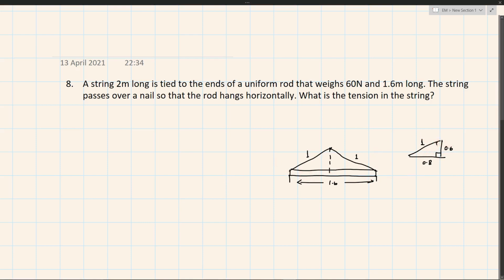Let's find this angle. If this is theta, I'll take tan theta is equal to opposite, that is 0.8 divided by adjacent. So theta is given by tan inverse of 0.8 divided by 0.6, so that is 53.1 degree.